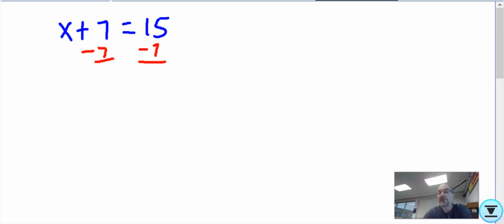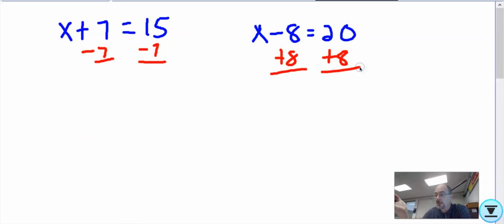Okay, think about this one. If I had x minus 8 equals 20, what would we do on that one? We would do the opposite, right? We would go ahead and add 8 to both sides. Okay, let me keep going here. Let's say that I have 2x equals 10. Now that's 2 times x.